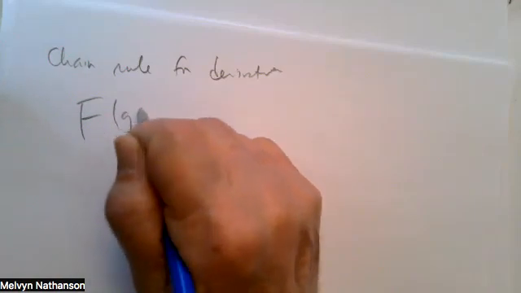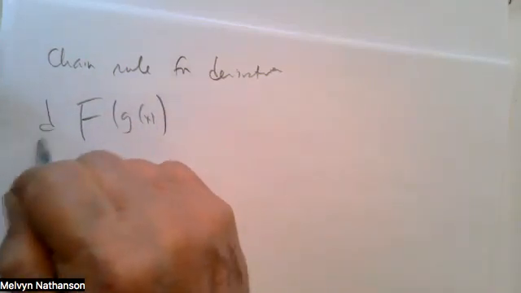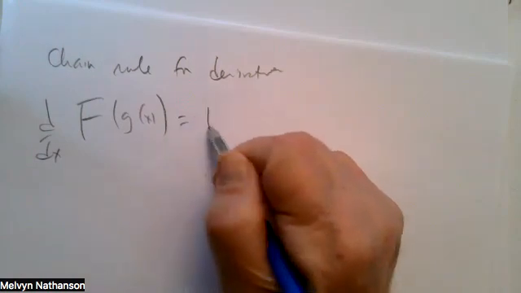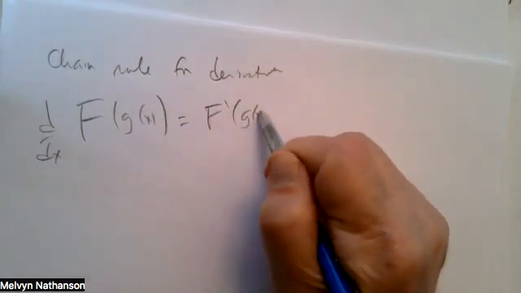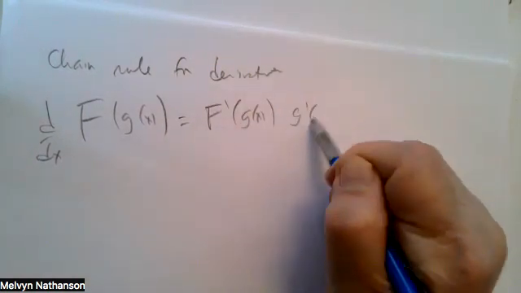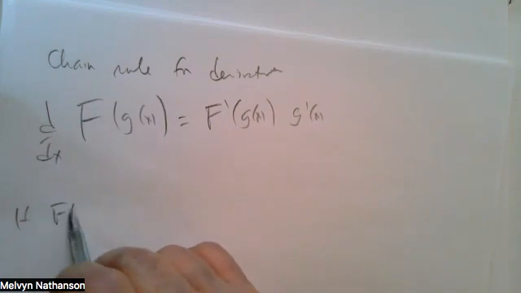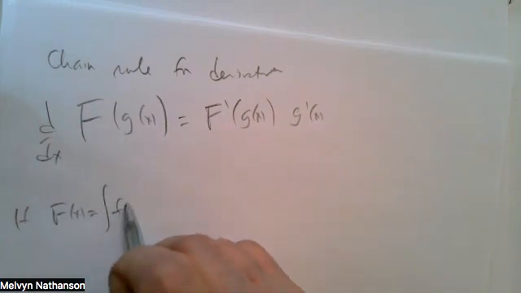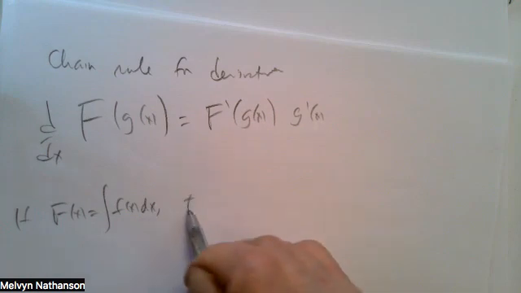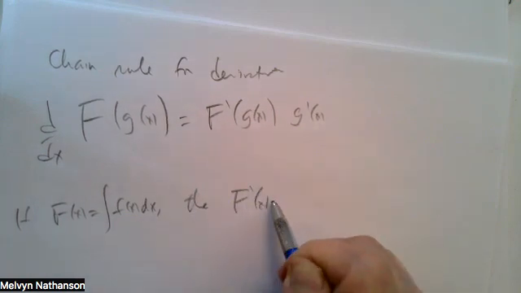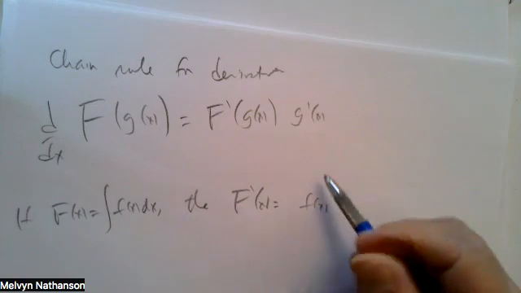If we have a function capital F of g of x, and we differentiate this, this is f prime at g of x, g prime of x. And if capital F is the antiderivative of little f of x dx, then capital F prime of x is equal to little f of x.